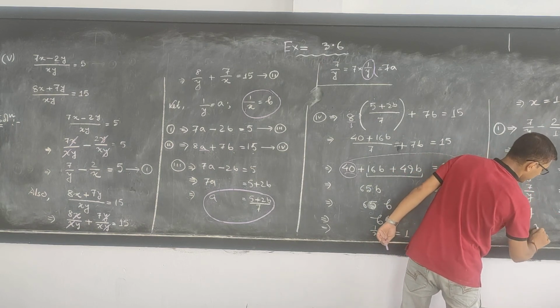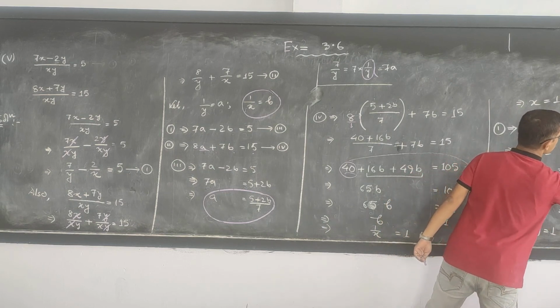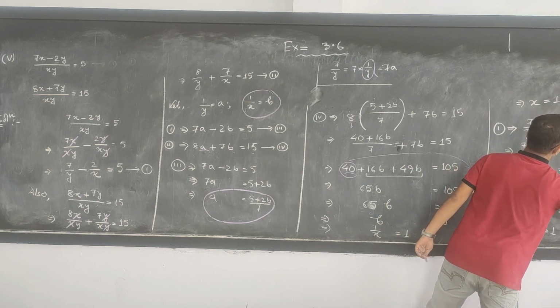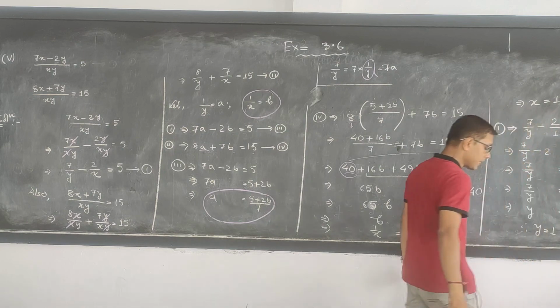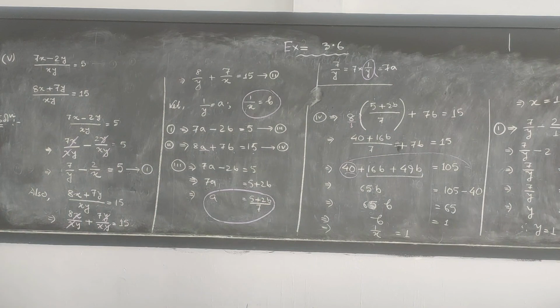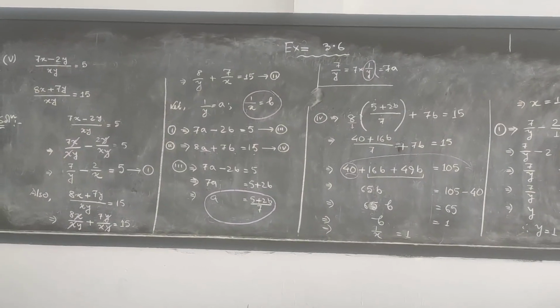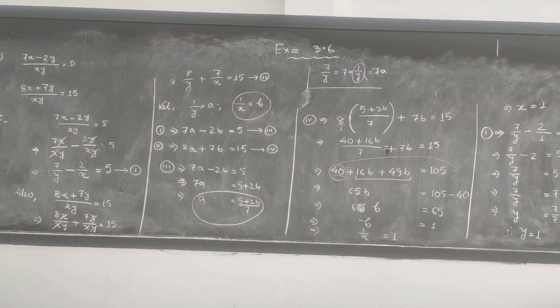So y will also be equal to 1. Therefore, x equals 1 and y equals 1. These are the simple solutions to this question. Very simple to solve, a bit longer, but easier to understand.